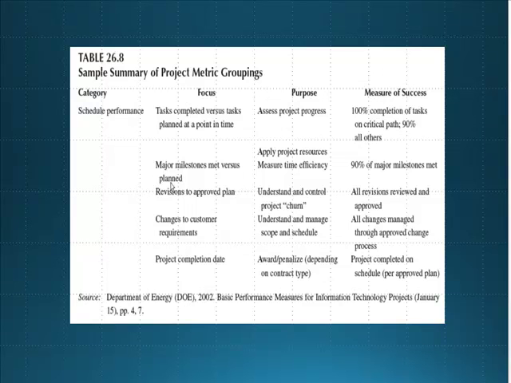If the next focus switches to changes to customer requirements, the purpose is to understand and manage our scope and schedule because of those changes. The measure of success in this case is that all changes are managed through an approved change process. This is why we say we need ICC, the integrated change control process, in the right place, so that we can address changes to our scope because of customer requirement changes.